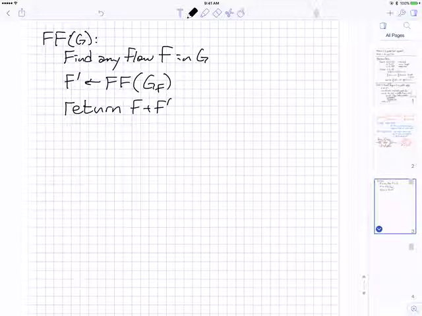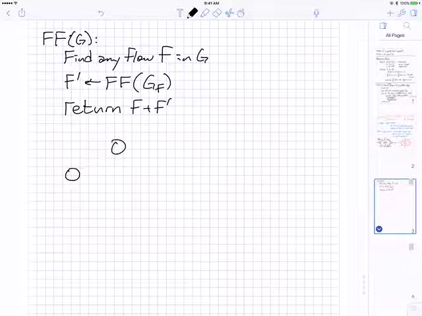So the way that Ford-Fulkerson is normally described, the first step, you're finding just a single path in the original graph. But in fact, you can think of this more generally as finding any flow at all. And what I'm approaching here is that you can think of paths as a special case of flows.